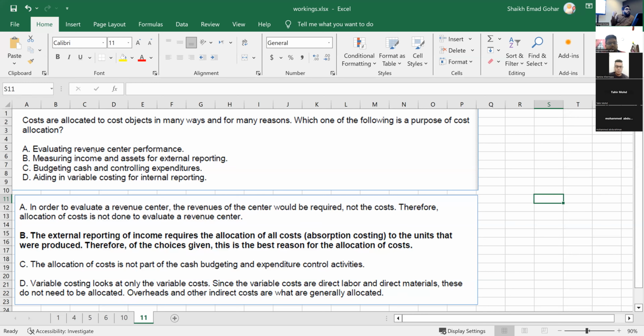But if you select option D, you have only one allocation, variable allocation. So which is the best answer here? B. You understand? This is what you need to learn when you are answering theory type MCQs. Okay? So any confusion? I hope it's okay now.